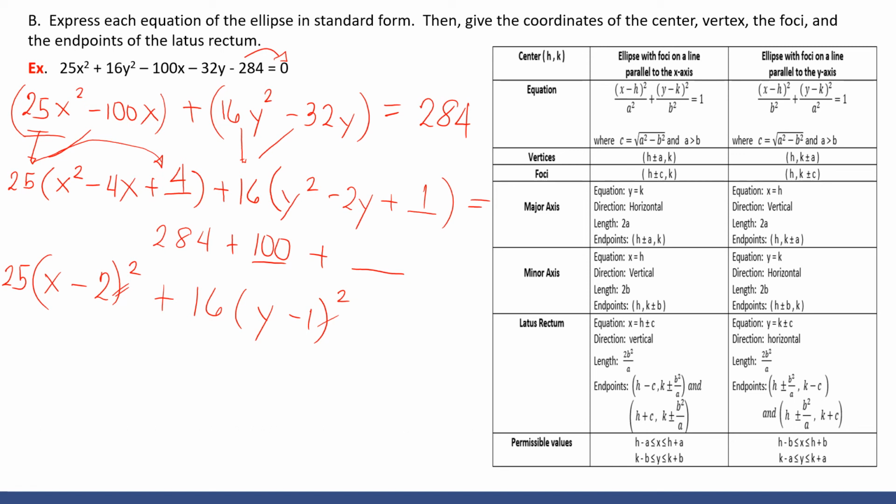But again, since meron kang 16 sa unahan, multiply mo doon sa 1. What is 16 times 1? Of course, the answer is 16. At yon ang ilalagay natin dito sa right side na blanko. Okay? And to continue, 284 plus 100 is 384, and 384 plus 16 is exactly 400.